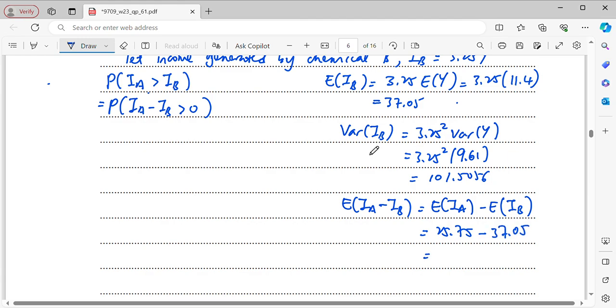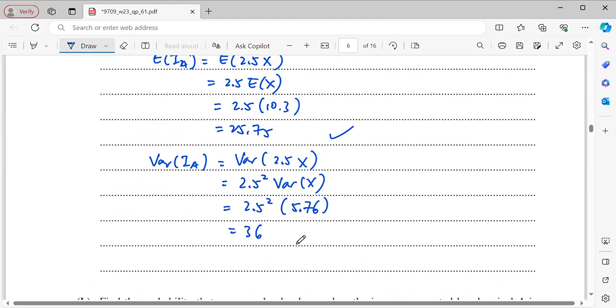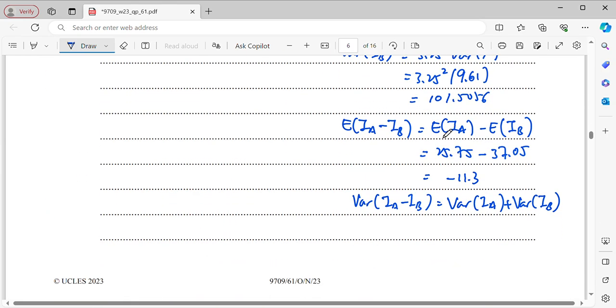Then you will be getting minus 11.3. Okay, and the same goes for the variance of IA minus IB. This is going to be variance IA plus variance IB. So variance IA is 36. So here I'm getting 36 plus 101.5056, and this is going to be 137.5056.